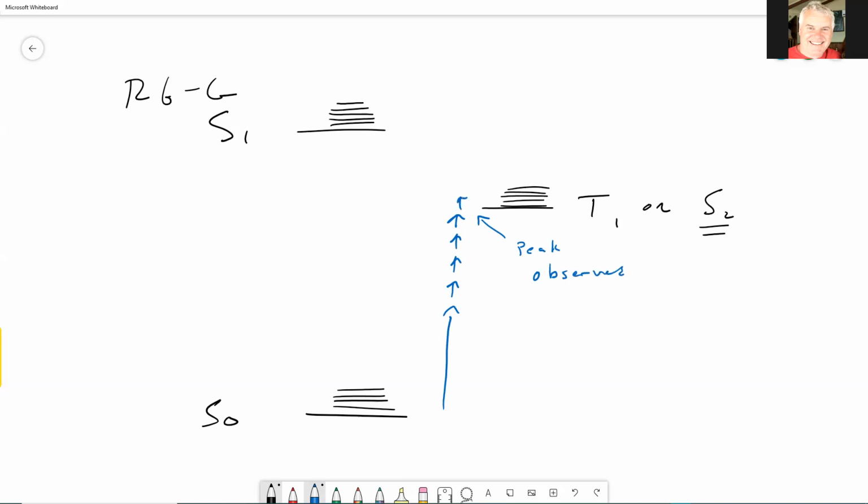And then we keep going. Then the peak will disappear, right? And then we'll go, and then new peaks are observed, and then we run out of gas.